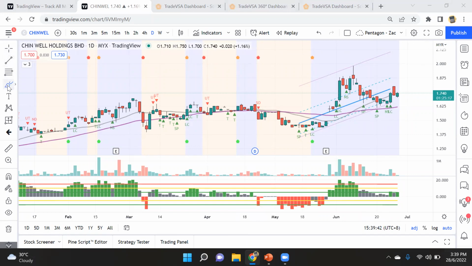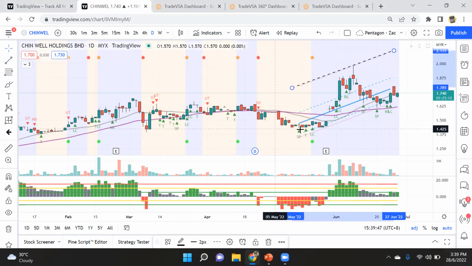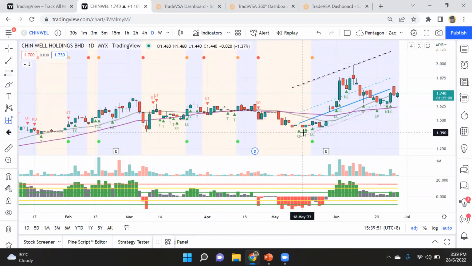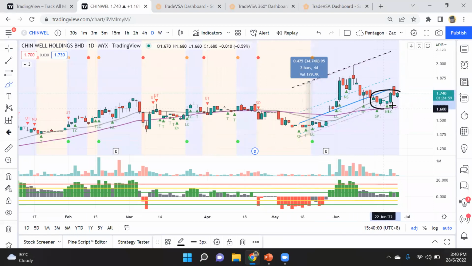So this one, the trend line is already moving up. Again, this is a big range. Like I said, some ranges are narrower, some are wide. In this case here, this is wide. This range here is 34%. So at the moment, it seems that they are in a weak uptrend, so price may move slowly.